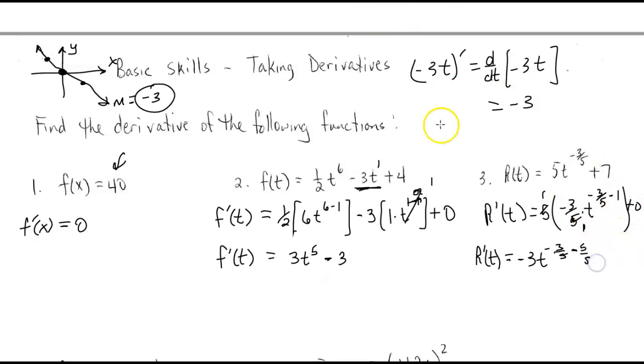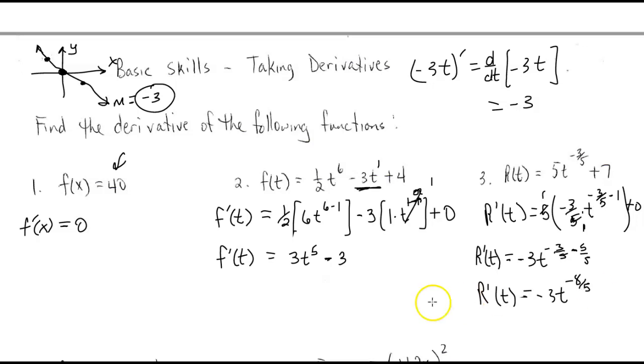And of course, in the numerator, in the exponent, that result is just going to end up being -8/5. And so we see that the derivative of our function here is -3 times t raised to the -8/5.